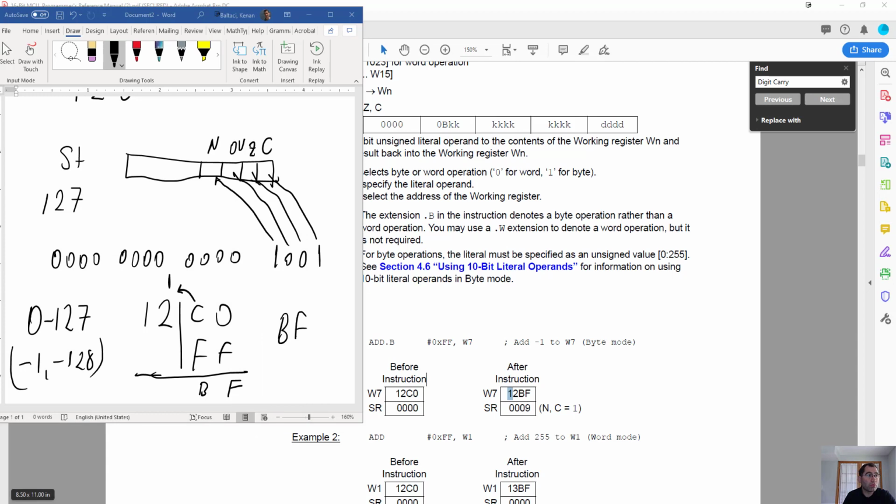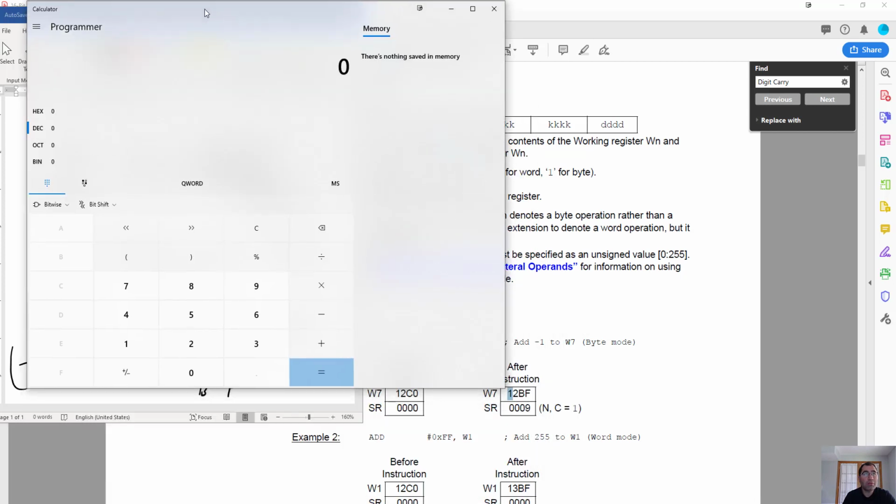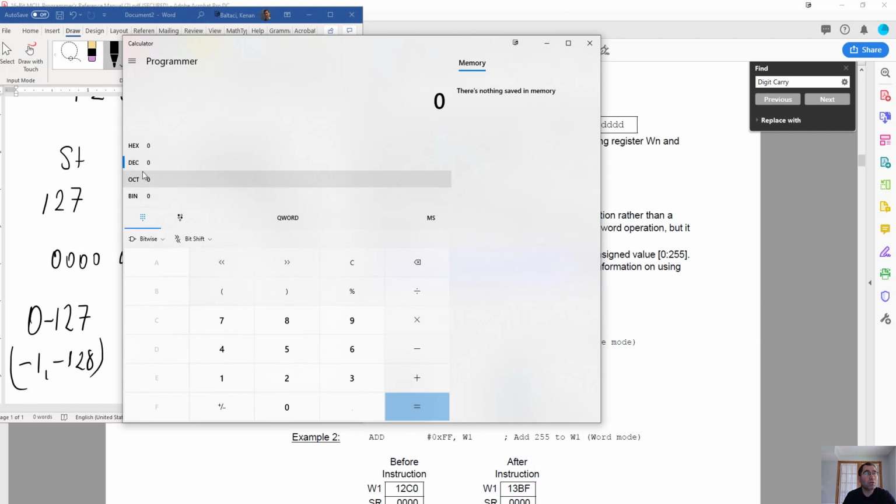Let me show you with the calculator without wasting much time here. Okay, I have my calculator here. You can represent from 0 to 127 in decimal, of course, so I'll just put decimal.